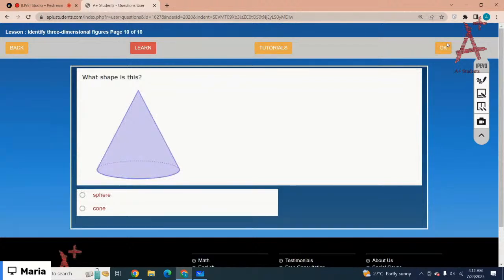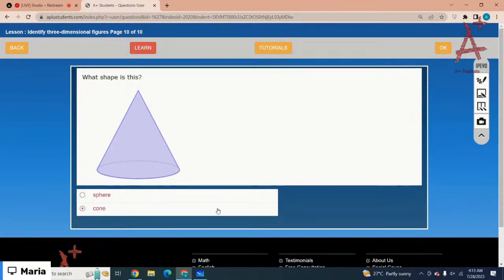What shape is this? The correct option is cone.